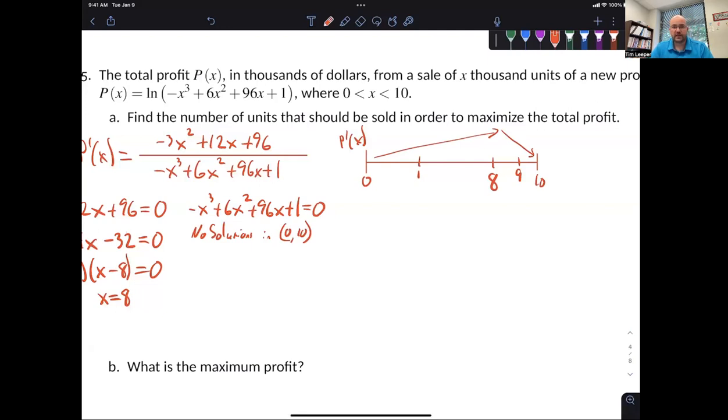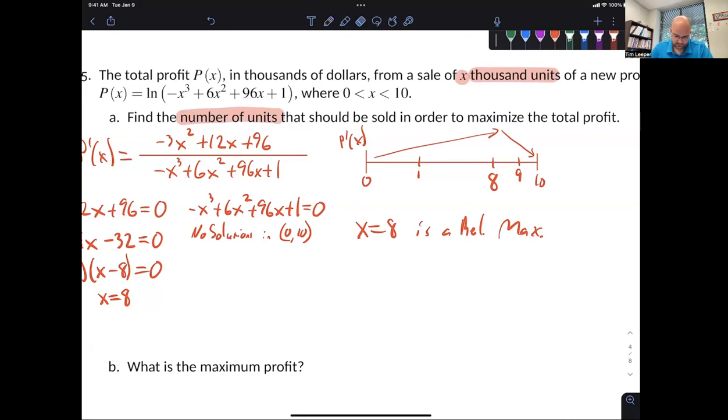So 8 is in fact a maximum, the absolute maximum in fact. So x equals 8 is a relative maximum. But notice that x is in 1,000 units. It wants to know the number of units, not the x value.